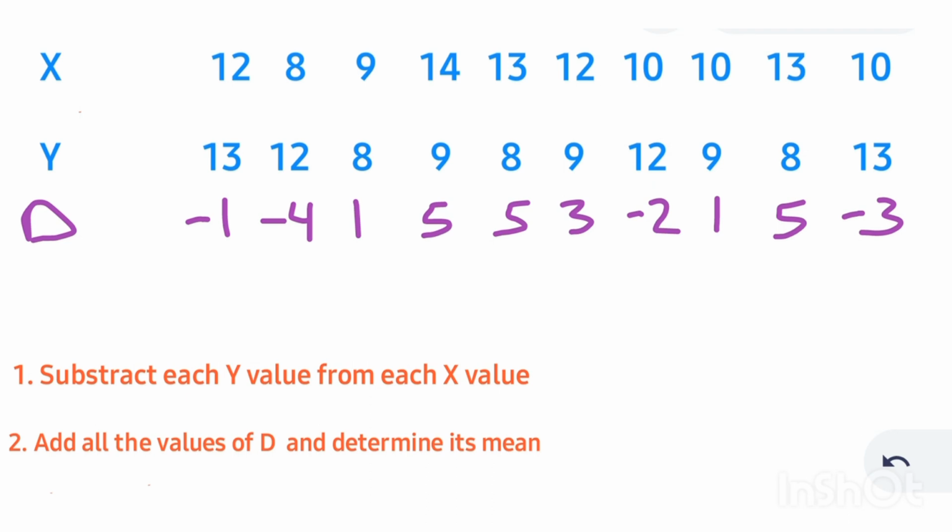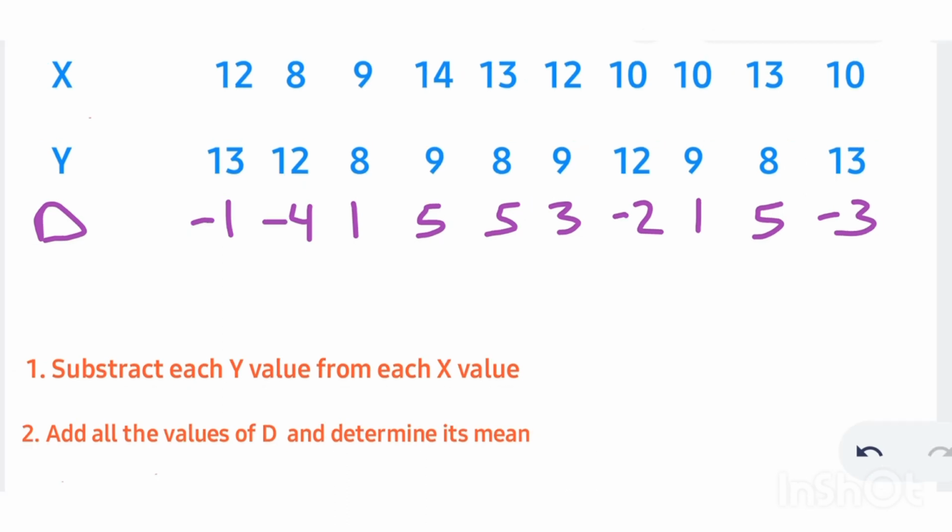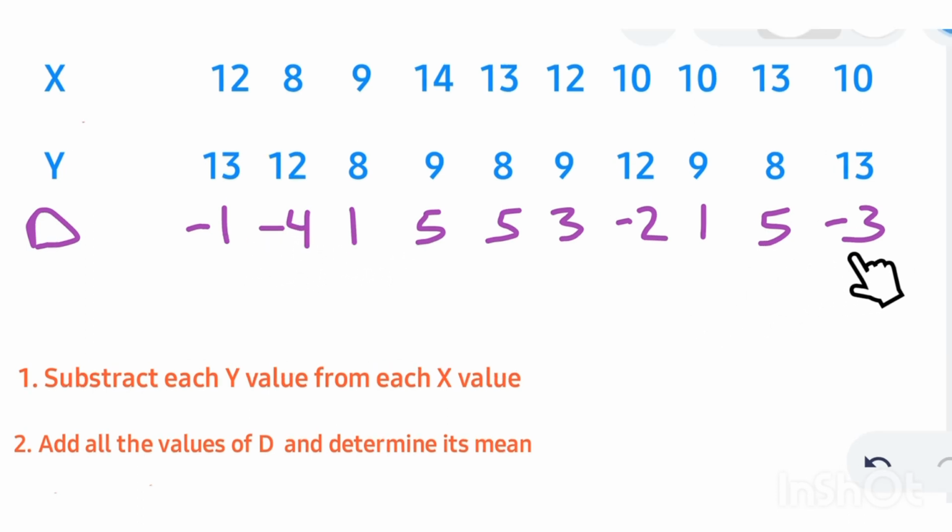Step 2 says add all the values of D and determine its mean. So we're expected to add all these values together: minus 1 plus 4 plus 1, and lastly, plus minus 3. The addition of those values, summation D, gives 10.